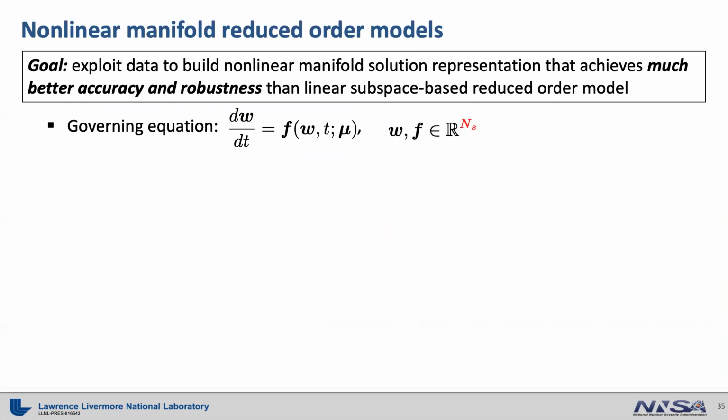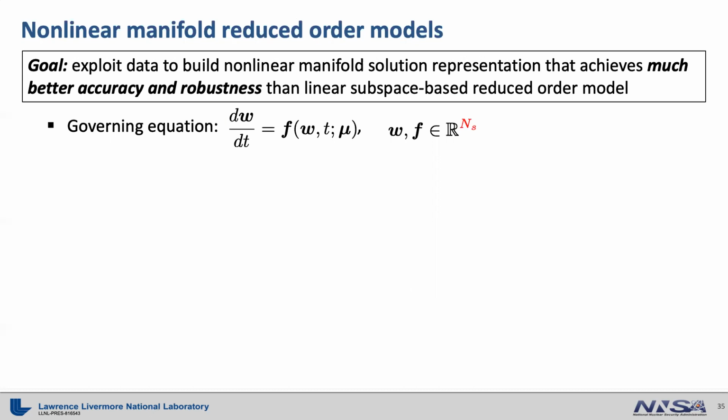This is mainly because the linear subspace solution representation is not rich enough, as I explained before. So it is not avoidable to think about, instead of linear subspace solution representation, nonlinear manifold solution representation, right? And this is what we did in nonlinear manifold reduced order model.